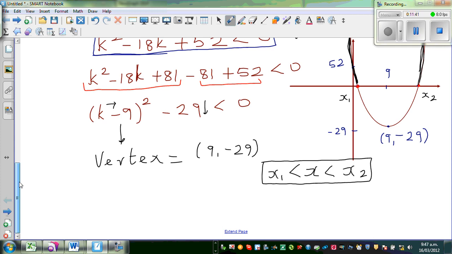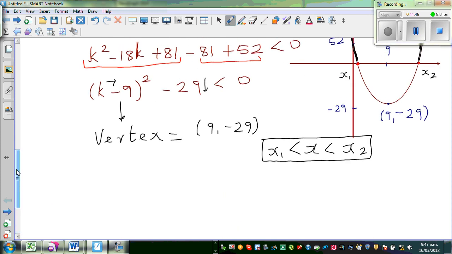Let us do this without the calculator, and we'll confirm afterwards. For the time being, let us make this a quadratic equation. So k minus 9 the whole squared minus 29 is equal to 0. Adding 29 to both sides, k minus 9 the whole squared is equal to 29.